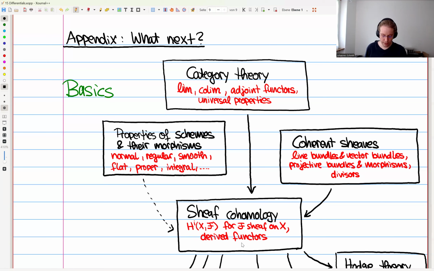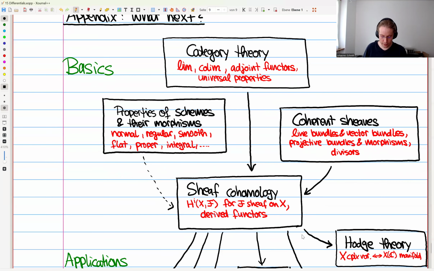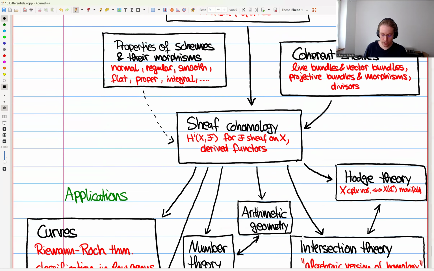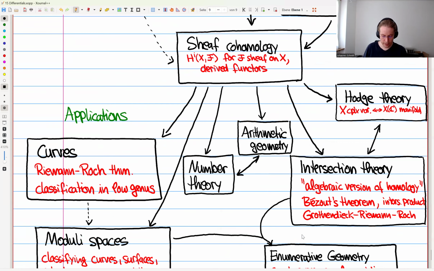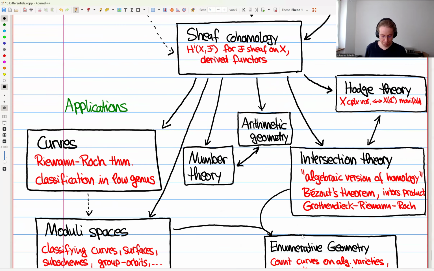And so once you have unlocked this, and of course also still knowing the rest of the parts, there's a whole set of further directions in which you can go, which I would classify more as applications of the theory. Two central ones, which I'm not going to talk about so much: you can go in the direction of number theory and so-called arithmetic geometry.